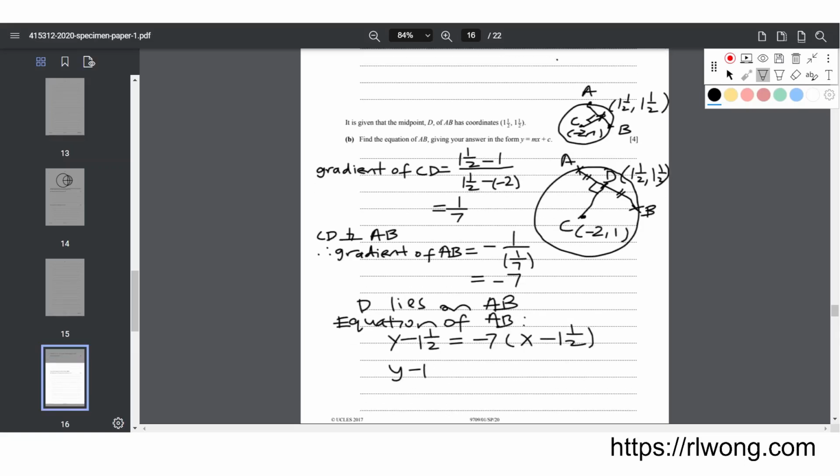So 1 minus 1.5 equals -7 plus 7 times 1.5, which is 10.5. Then I'll bring this minus 1.5 over. So I have y equals -7x plus 12. So the equation of the straight line is y equals -7x plus 12.